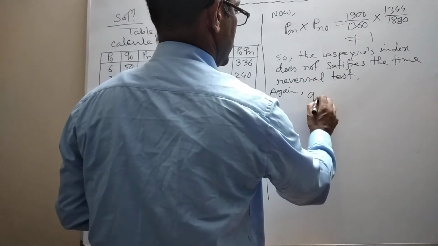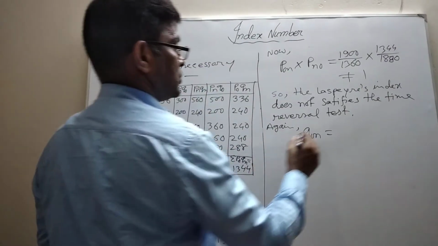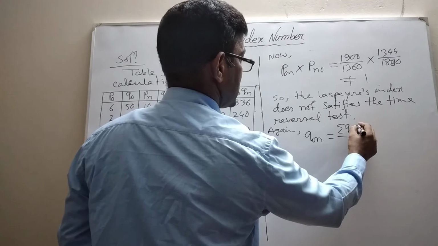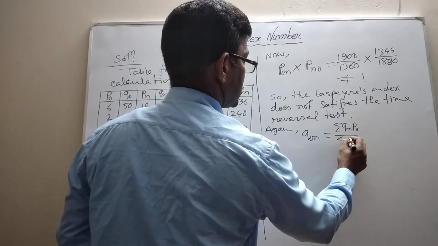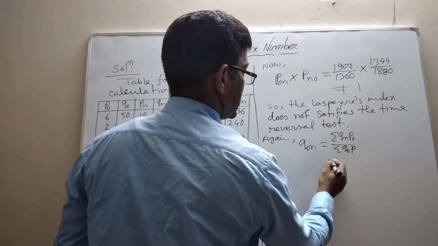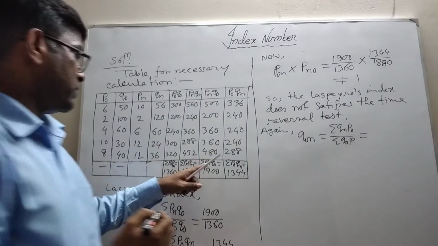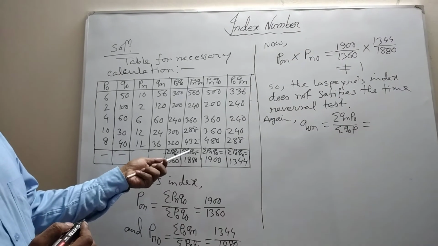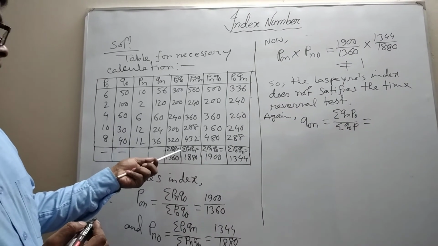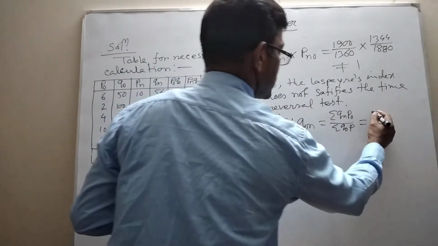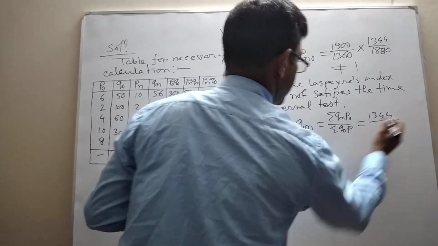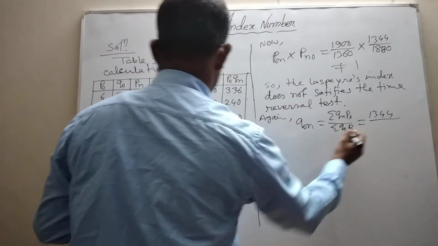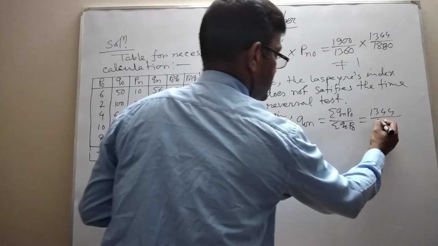Q01 equals summation Q1P0 divided by summation Q0P0, equal to summation P0Q1, putting the value from the table, 1344 divided by P0Q0, that means 1360.